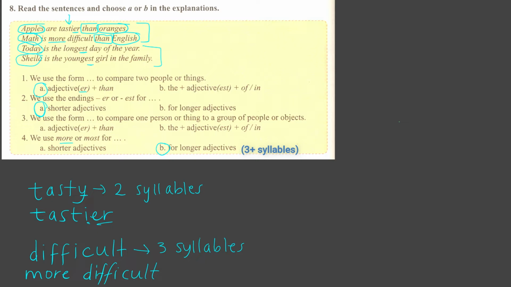Okay, so number 3, we use the form blank to compare one person or thing to a group of people or objects. So for this one, we're going to need the superlative structure. So that's be, the, plus adjective with an addition of est and a preposition of or in. So we can see in the third sentence, today is the longest day of the year.